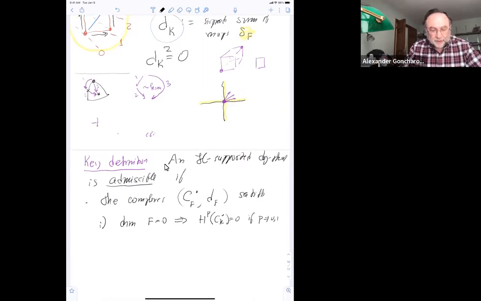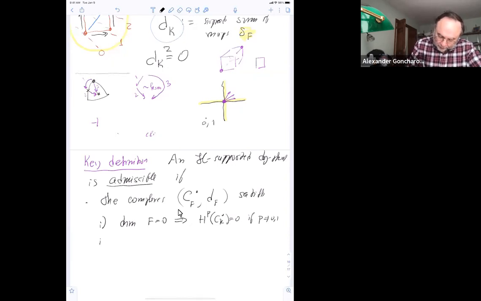Unless p is 0 or 1, the cohomology of this complex is 0. So we're sitting on the surface, and if you take a generic point, this complex could be in degree 0 or in degree 1.